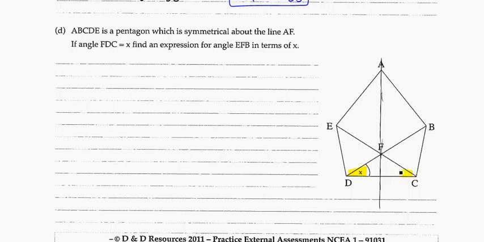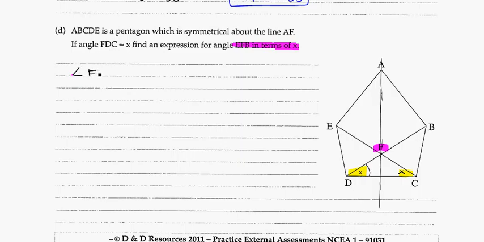We're wanting to find, what are they asking for? Angle FDC is equal to x, and they want us to find an expression for EFB. They want an expression for this angle here in terms of x. Okay, so we need to give our reasons for all of this.